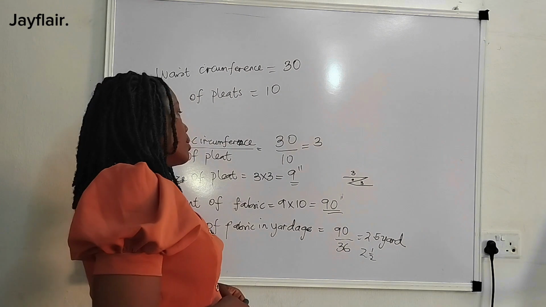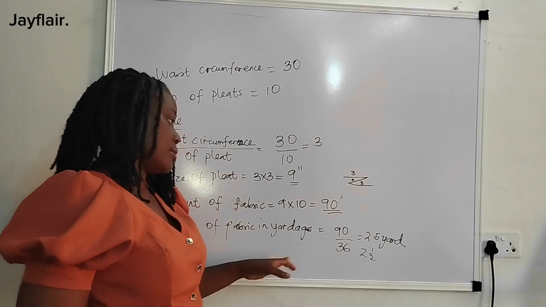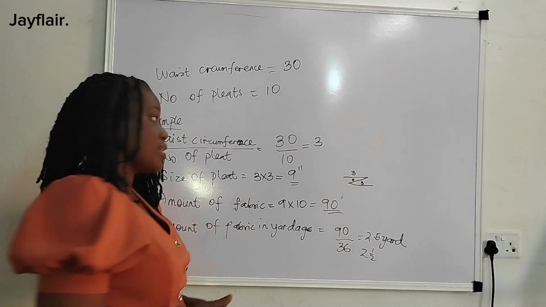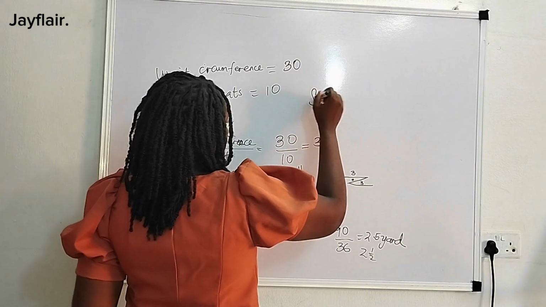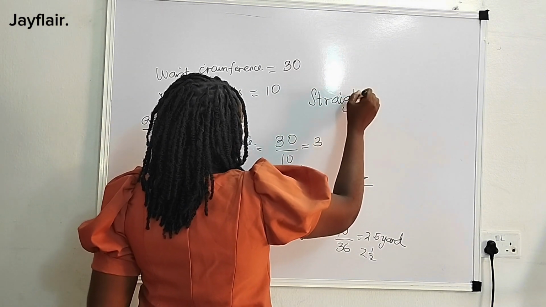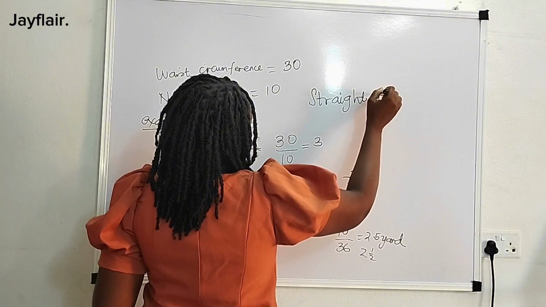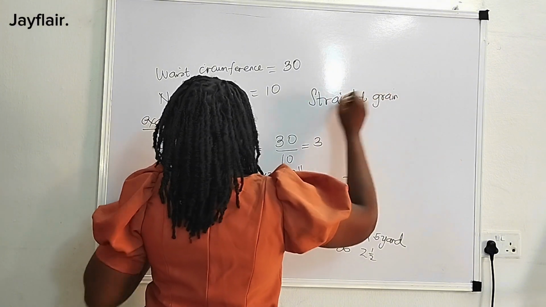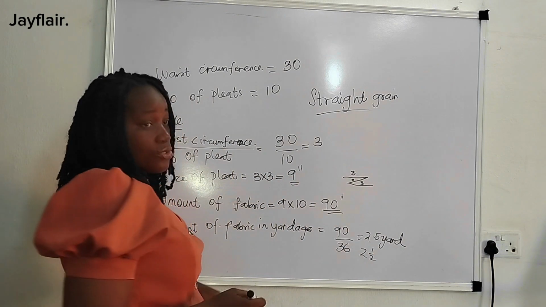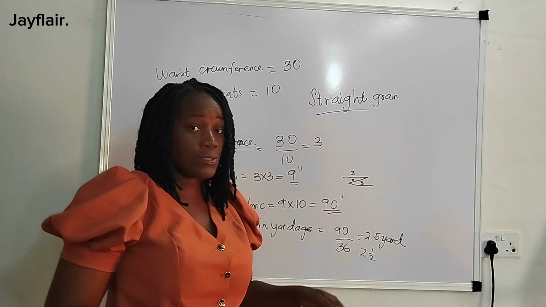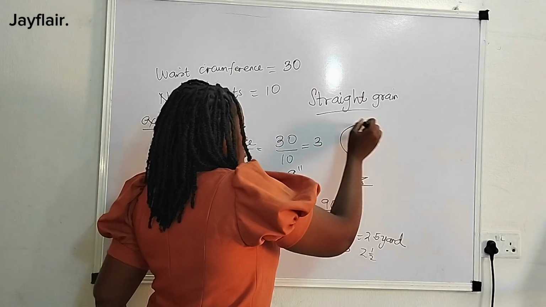Please, I want you to note that this method is when you're cutting on straight grain. Your fabric is going to be straight, not in circles, not as a circle.